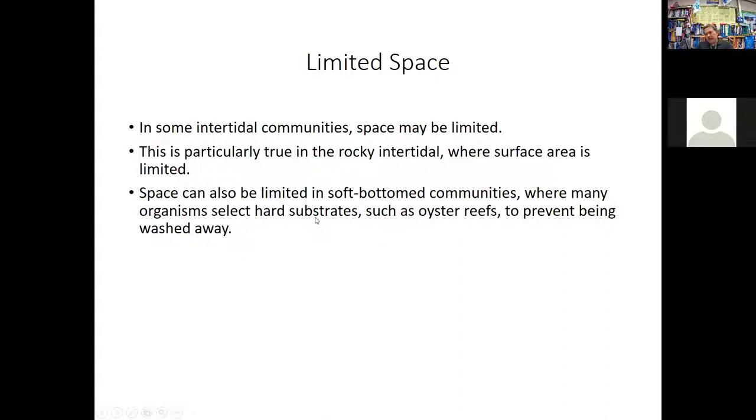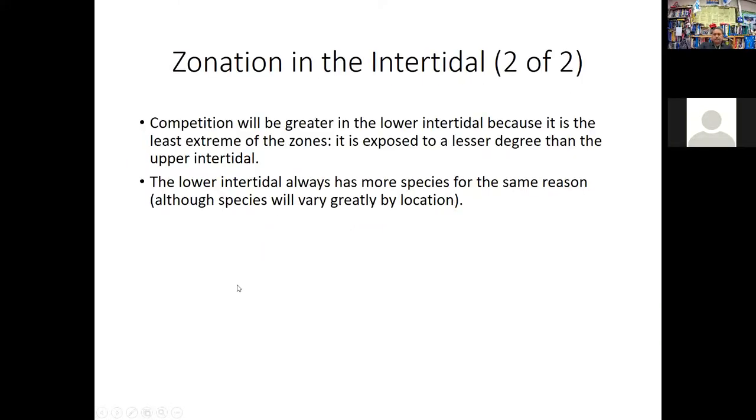And eventually, what happens when you have a shoal is that they start sticking to each other, and then you have, like it says there, an oyster reef or a mussel shoal.